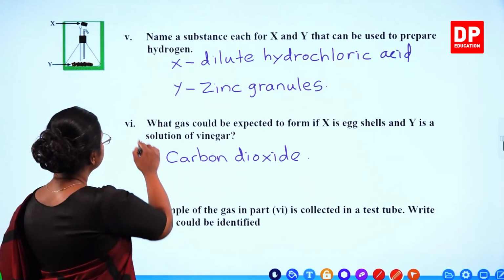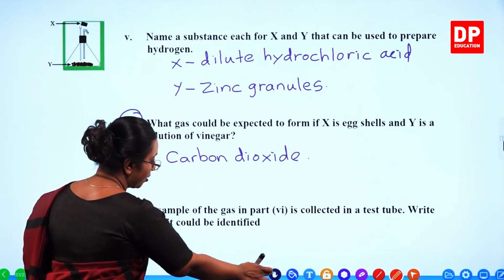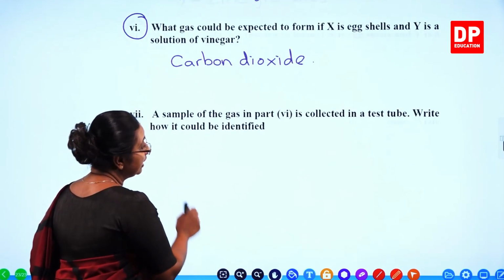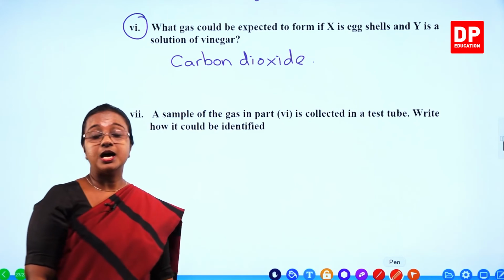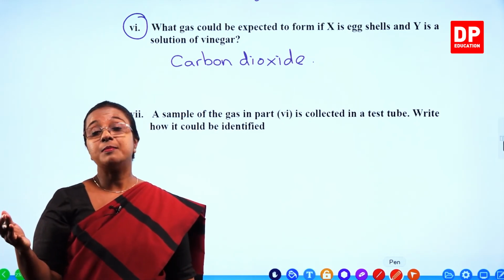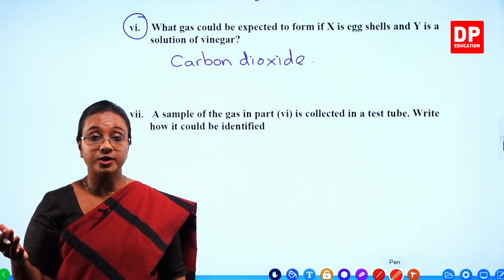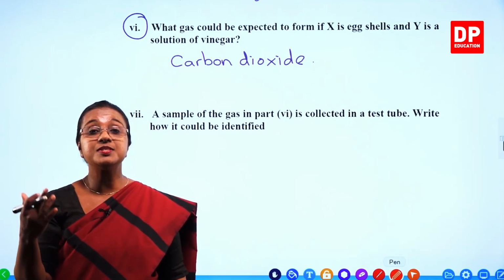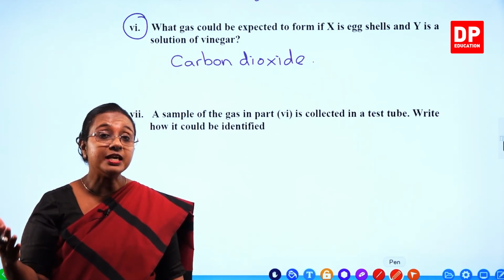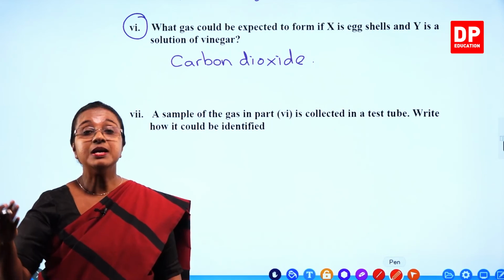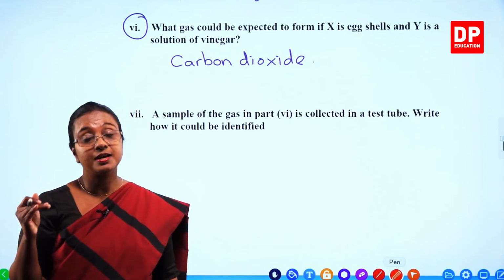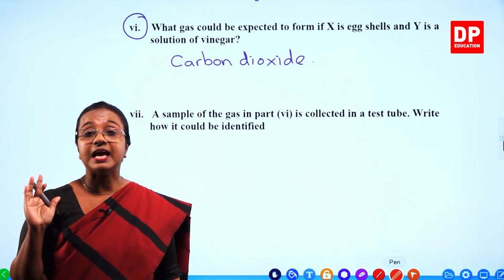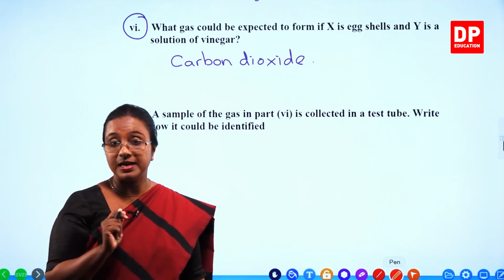So, if it is part 6, that is carbon dioxide gas, how do we identify carbon dioxide? When we pass carbon dioxide into lime water, the solution becomes milkier. And when we keep on passing it for a long time, again the solution becomes clear. So, from that we can confirm that it is carbon dioxide.